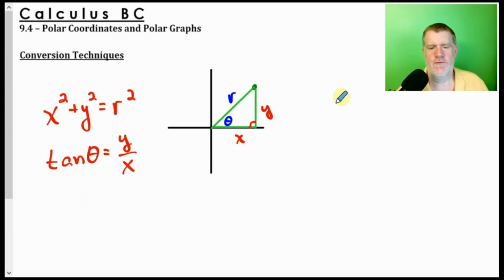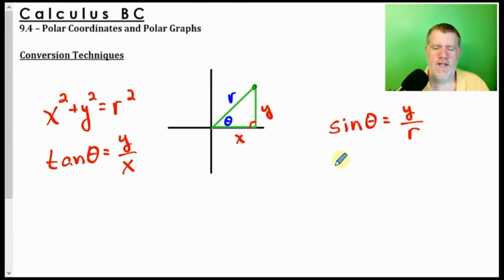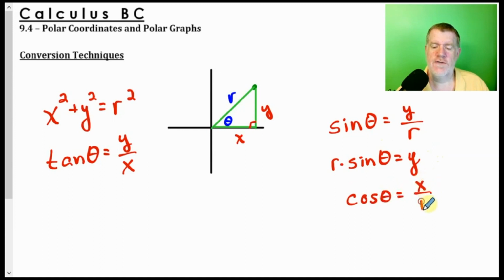Now what about the opposite way, or thinking of another relationship here? Well, if I look at the sine of the theta angle, it's y over r. If I multiply both sides by r, I get this little relationship, that y, the y value of a rectangular coordinate, is the radius times the sine of the angle. And also, if you do the cosine, you get x over r.